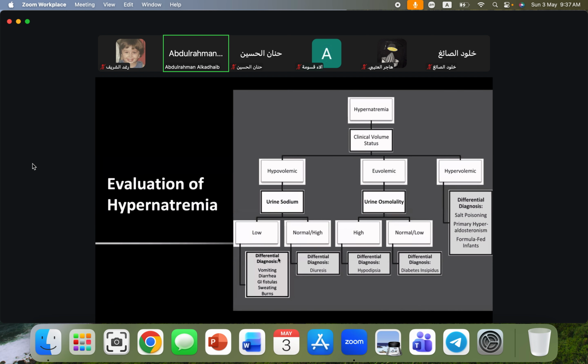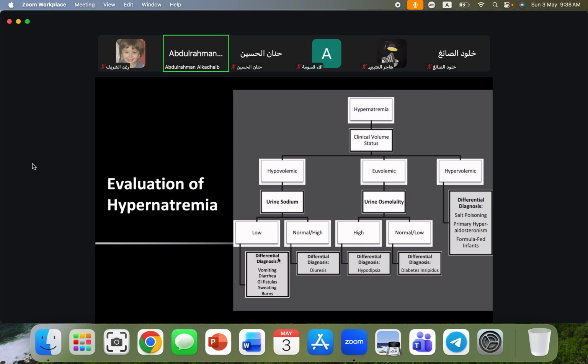So how can we evaluate a patient with hypernatremia? It's very similar to the way we talked about when we evaluate the patients with hyponatremia. Usually we send for urine sodium and urine osmolality levels, and we check also for the serum electrolytes level. And those workups may help us with differentiating between the possible causes.